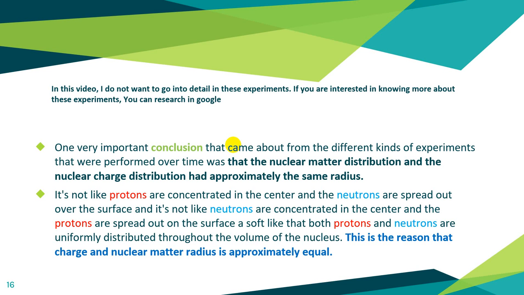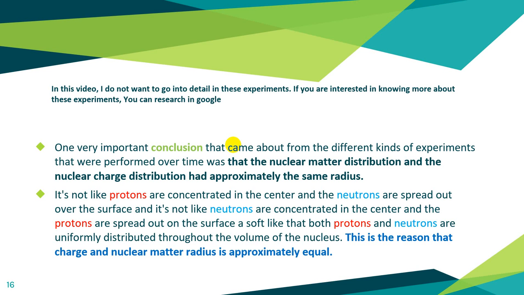One very important conclusion that came from the different kinds of experiments performed over time was that the nuclear matter distribution and the nuclear charge distribution have approximately the same radius.